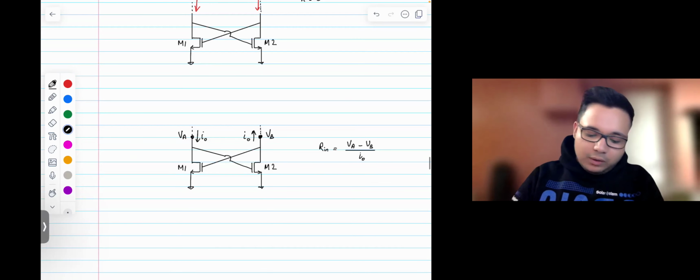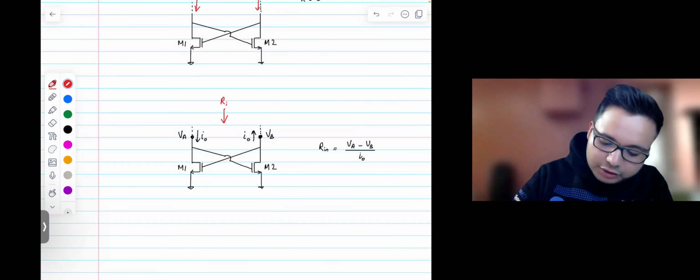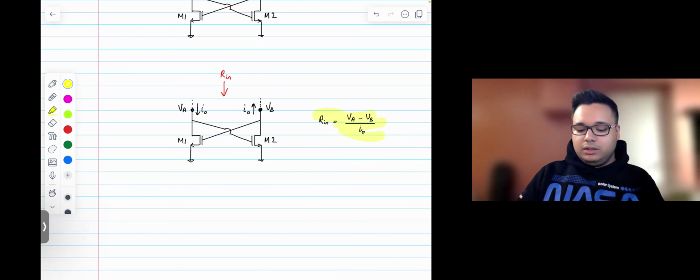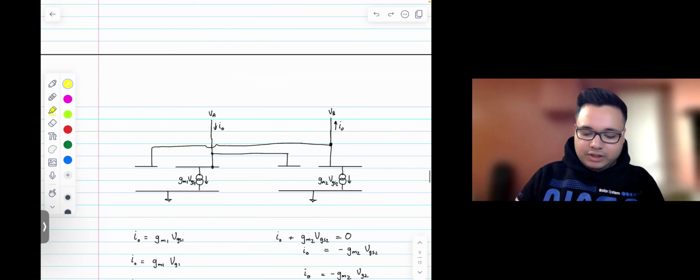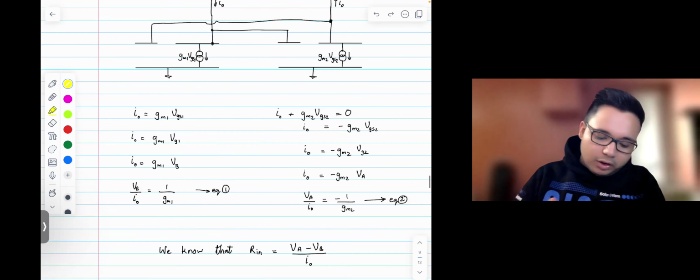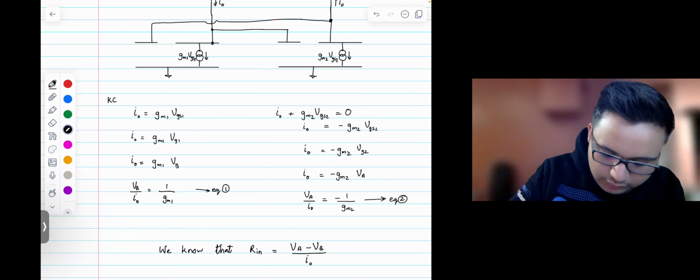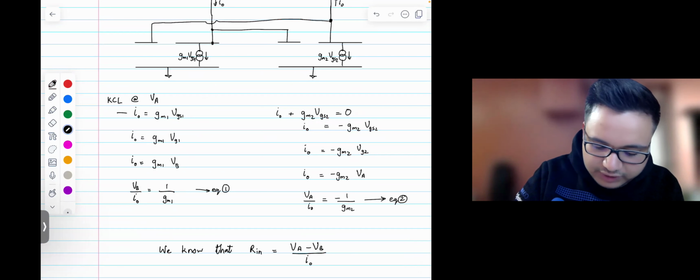Okay. And so Rn, which is the resistance looking into this differential node, would be VA minus VB divided by I naught. All right. So let's come up with an expression for that. I have drawn the small signal model, and if you do KCL at node VA, you'll find this equation.